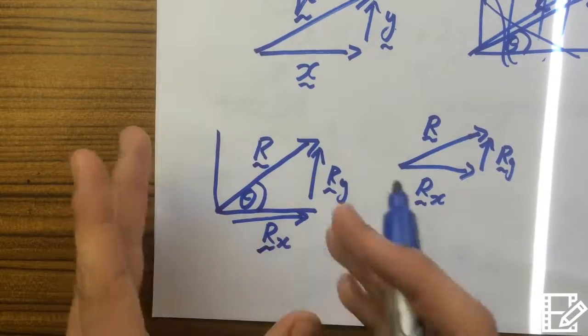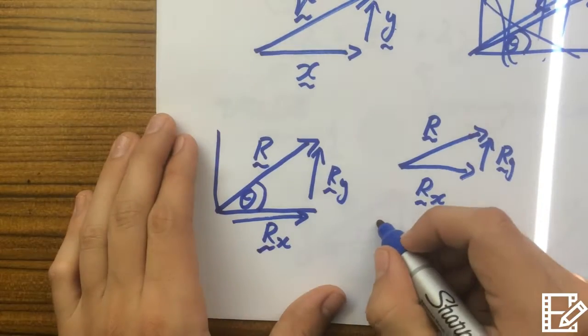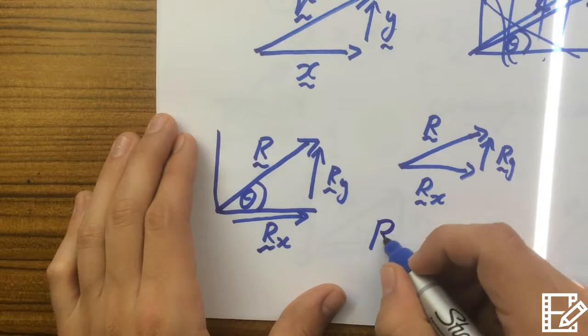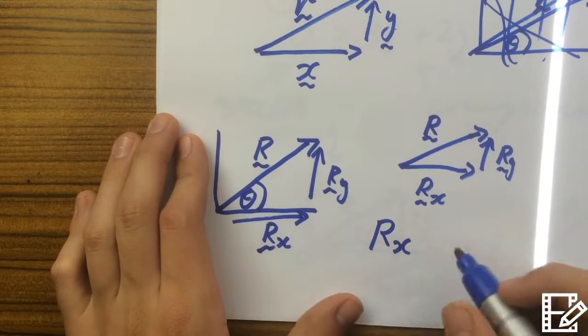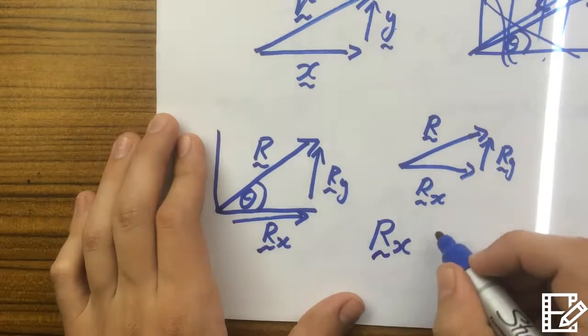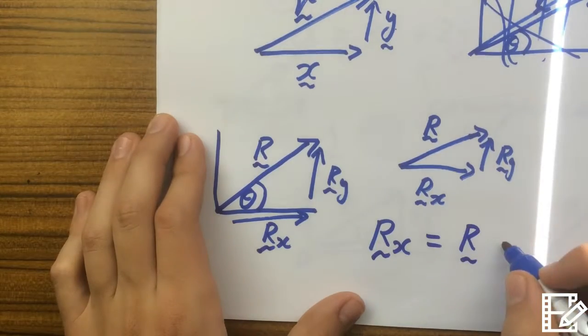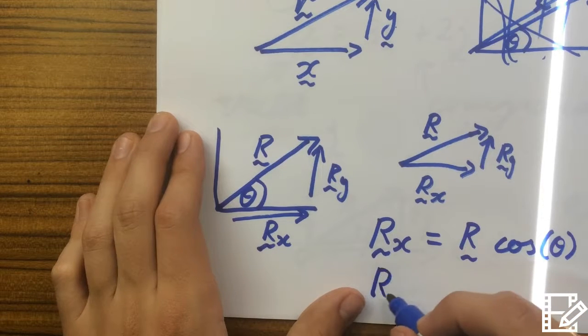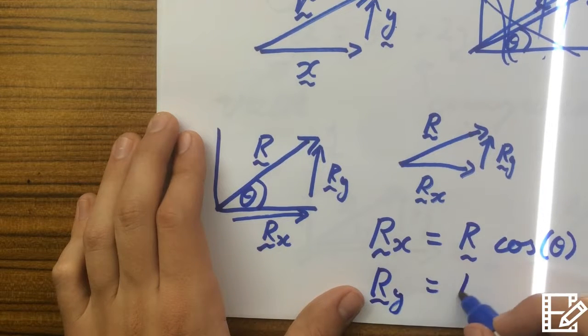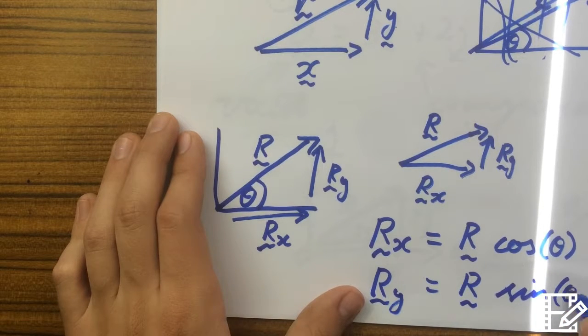I'm not going to show you how to use the formulas, but if you were looking for them, Rx, subscript x, equals R cosine theta, and R subscript y equals R sine theta.